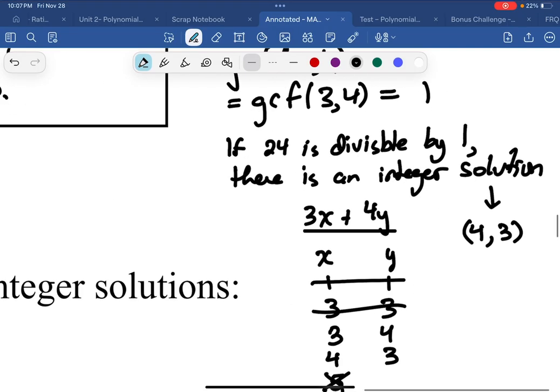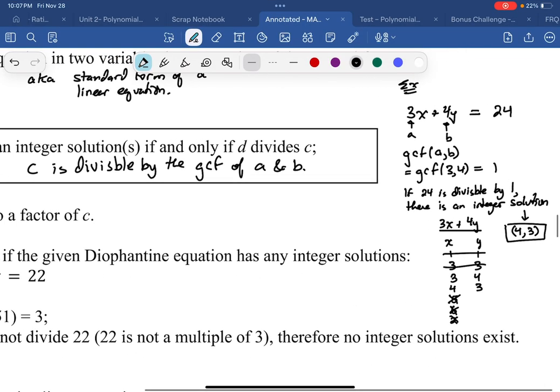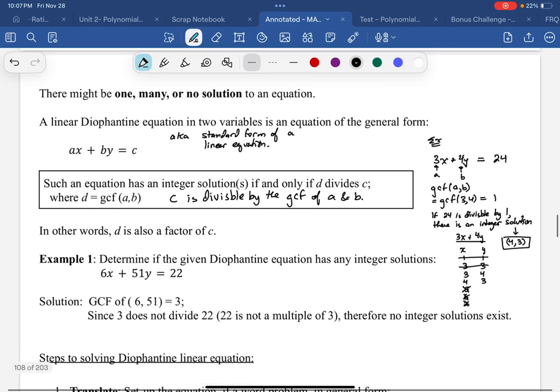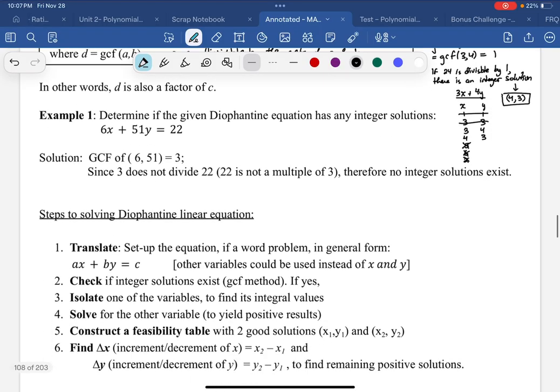If we try all our different possibilities and only have that one solution, that's perfectly fine. In fact, when you're dealing with linear equations, that's often the way of it, because you could have one solution, many solutions, or no solution. It is possible that you could just have the one solution.